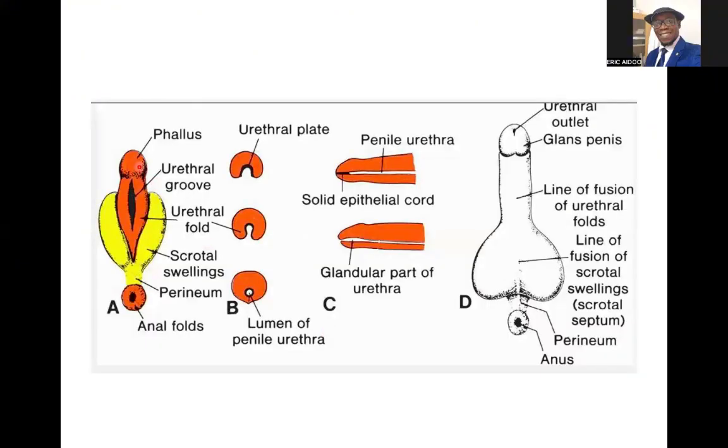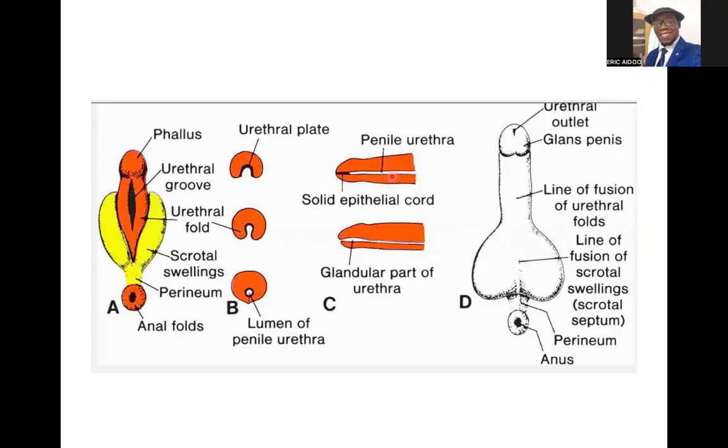So again, that's the phallus. That is the urethral fold. That's the labioscrotal swelling, which will form the scrotum. So this urethral fold is what will now fold completely, and you are going to have something like that. So within it, you find a lumen of the penile urethra when the urethral folds completely fuse.